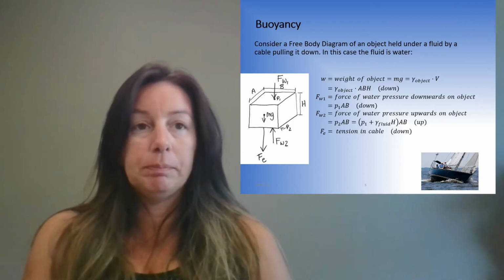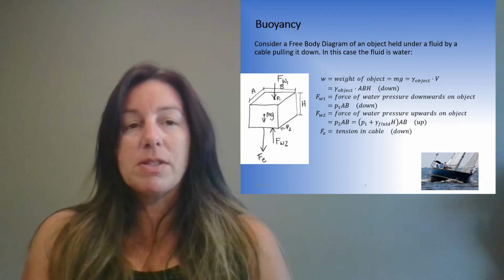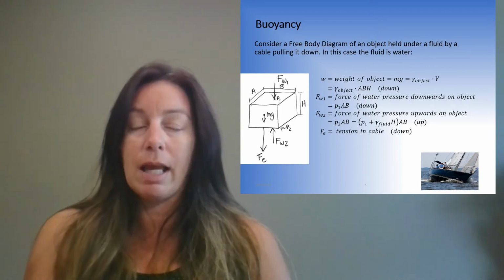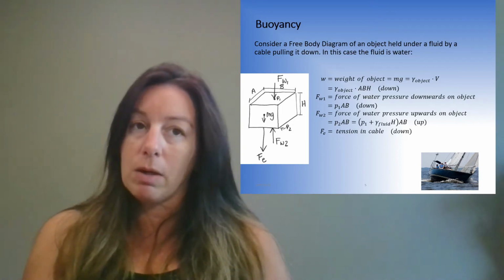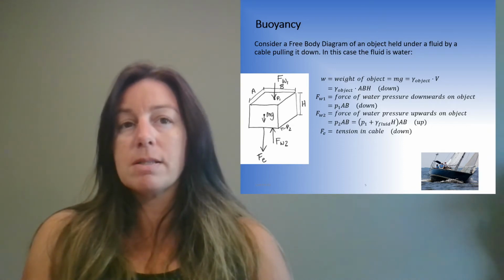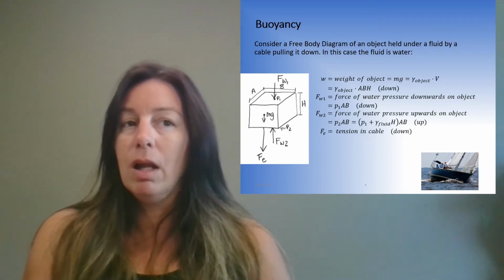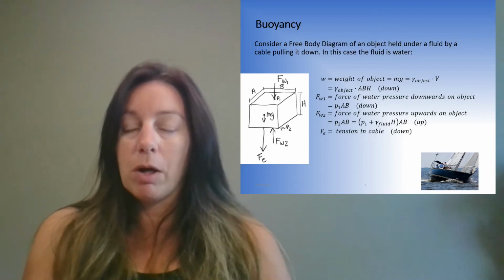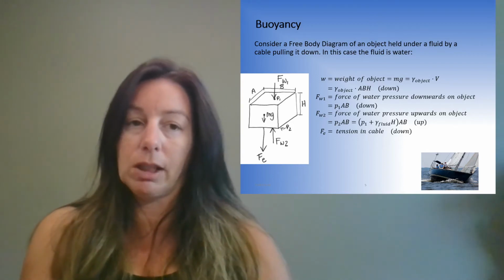And then we've also got this other force, F subscript E, the tension in that cable, pulling it down because it's submerged, right? So we've got four forces: the weight, the force of the water pressure acting down, the force of the water pressure acting up, and the tension in the cable.